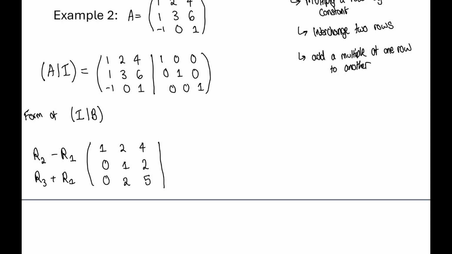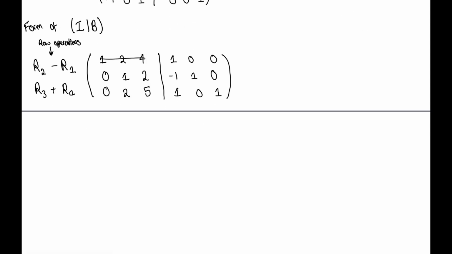And these row operations we need to do to the identity matrix as well. So row 2 minus row 1 would be minus 1, 1, 0, and row 3 add row 1 would be 1, 0, 1. If we now ignore this row, we now get to this one, which is already a leading 1, and we need to make this entry into a 0.